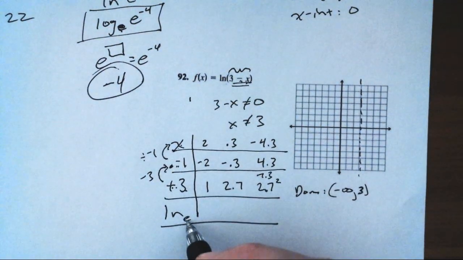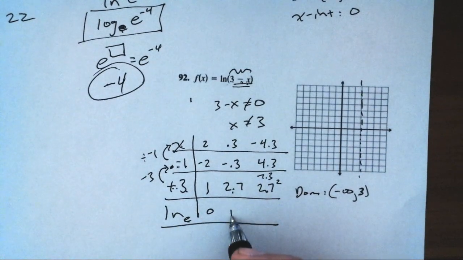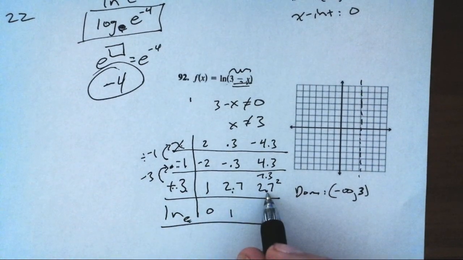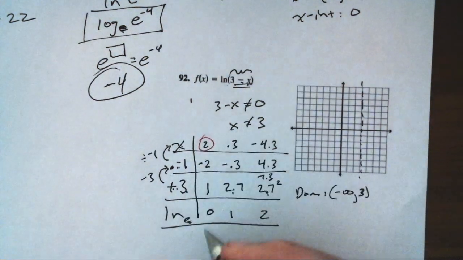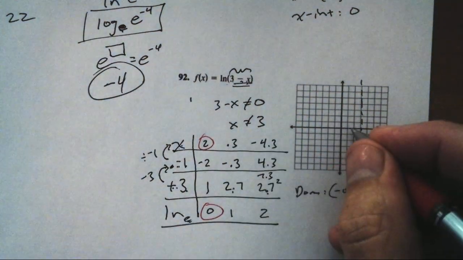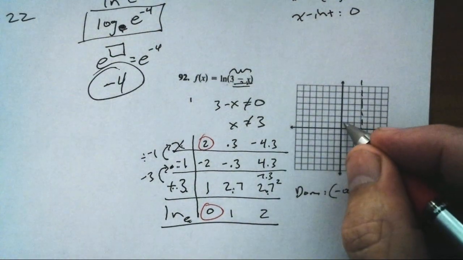Okay, what is the exponent that turns e into 1? 0. e into e, 1. e into e squared, 2. Let's plot our ordered pairs. (2, 0). (0.3, 1).